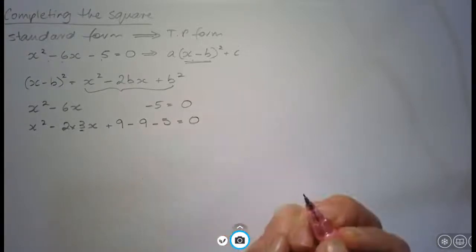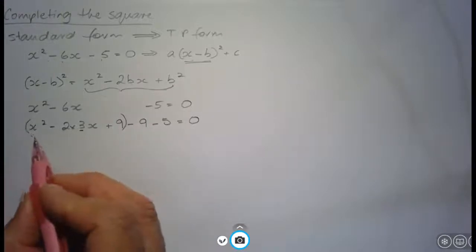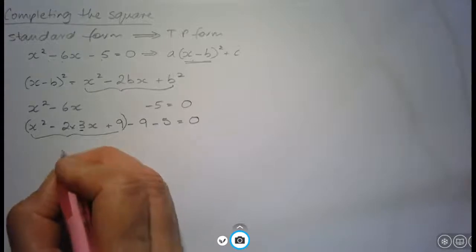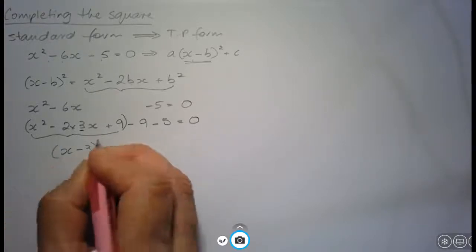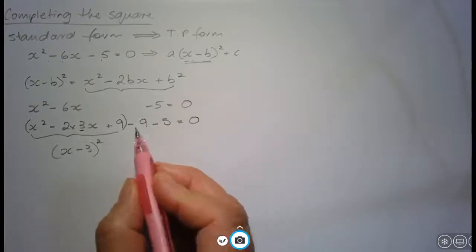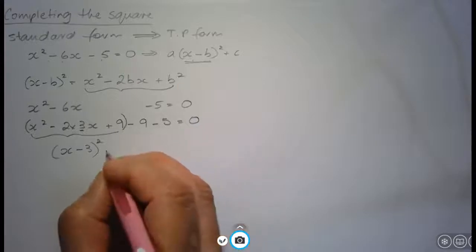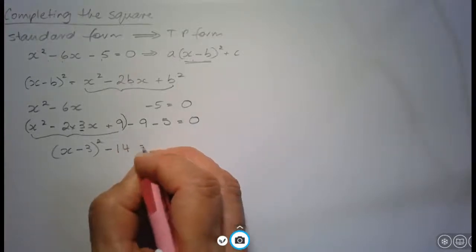Minus 5 equals 0. So if I'm looking at this section here, there is my perfect square. So that's going to become (x - 3) squared. Now, what I've got here is minus 9 minus 5, which gives us minus 14 equals 0.